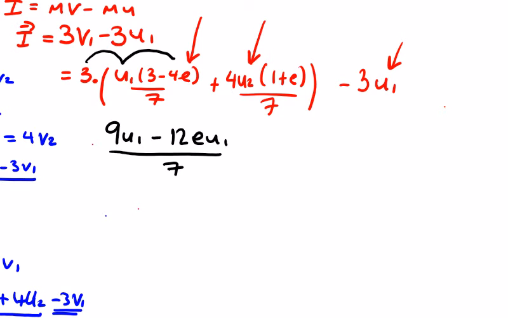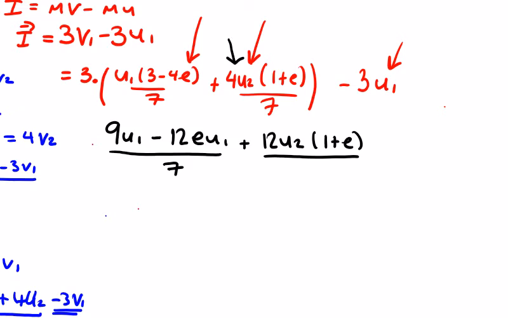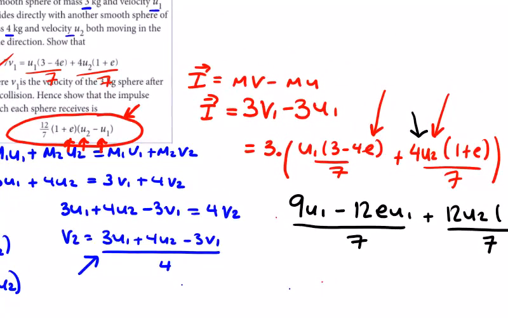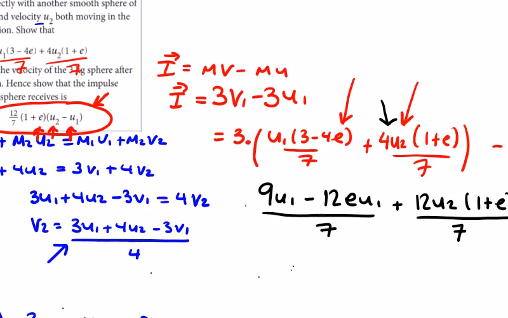And I'm going to have plus the 3 at the beginning by this expression. So that's 12u2 times (1 plus e) over 7. There's definitely a 1 plus e in it, isn't there? So I'll leave that 1 plus e in there.